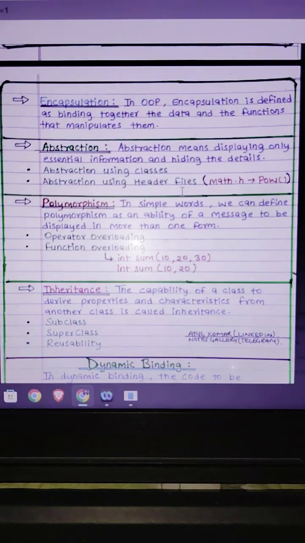And now move to the next type of OOPS, which is abstraction.